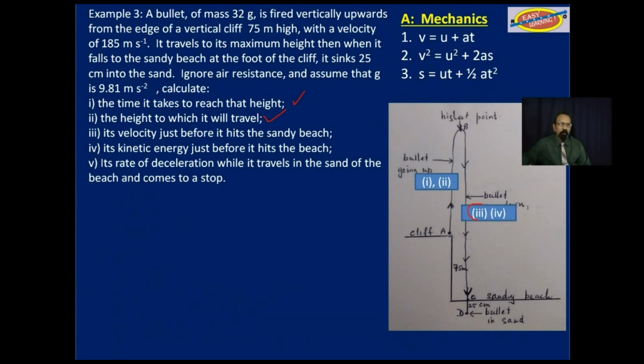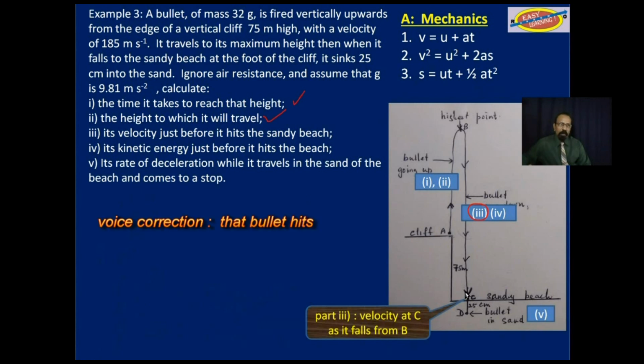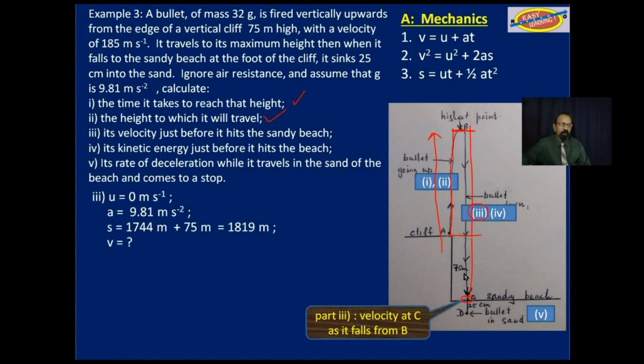Now we will look at part 3. We want to find the velocity when that ball hits the sandy beach here. Initial velocity is 0. We will consider the height that we calculated, because we will need to use that. So that will be that height plus this 75 meters. So we know that U is equal to 0 meters per second.